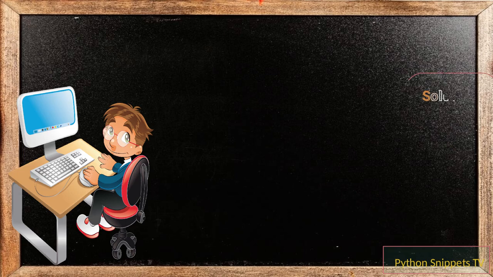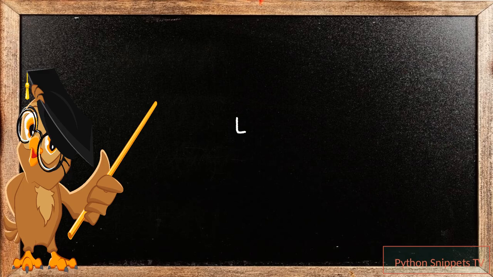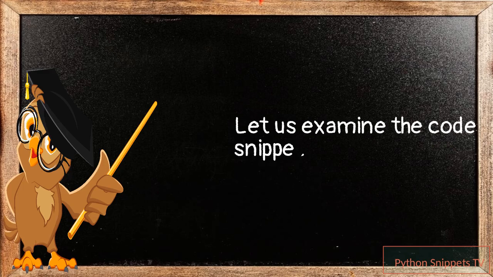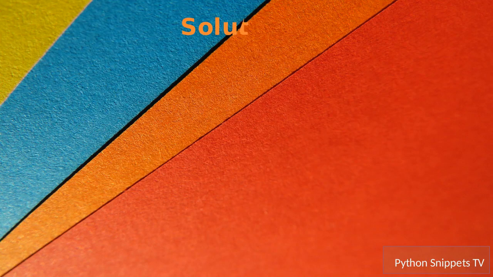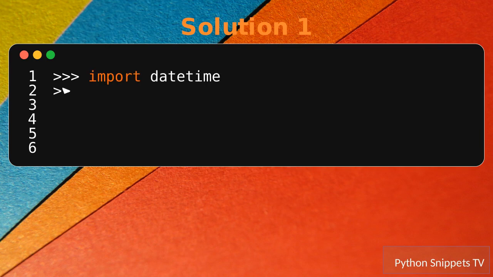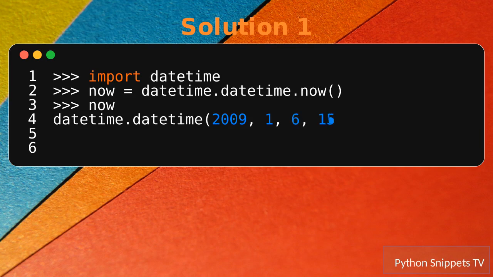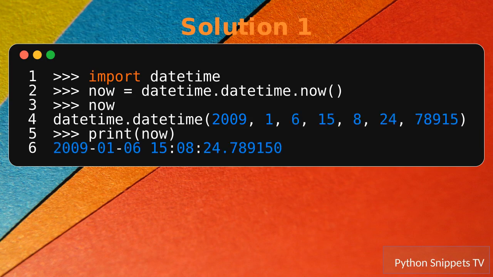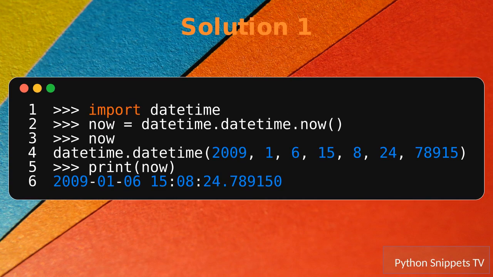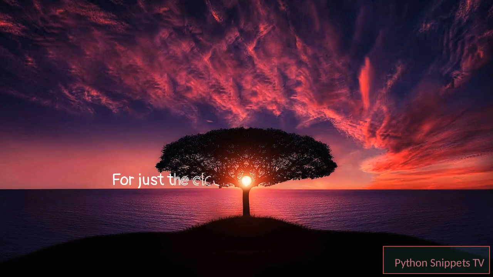Can we now look at some code snippets? Sure. Let us examine the code snippets. Solution 1. Use datetime. For just the clock time without the date.